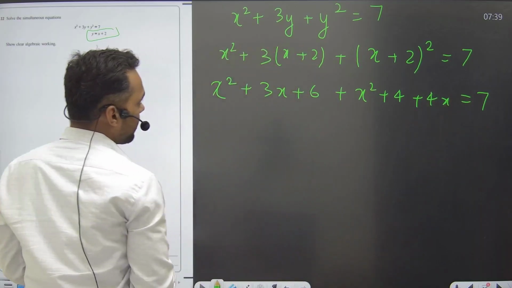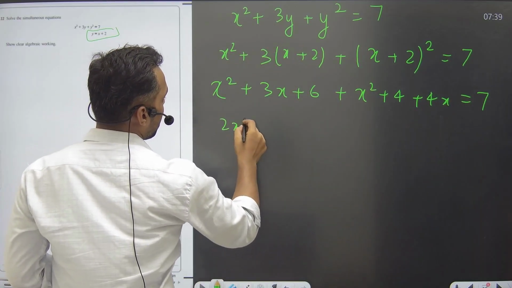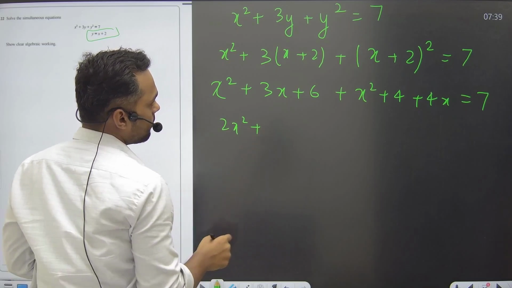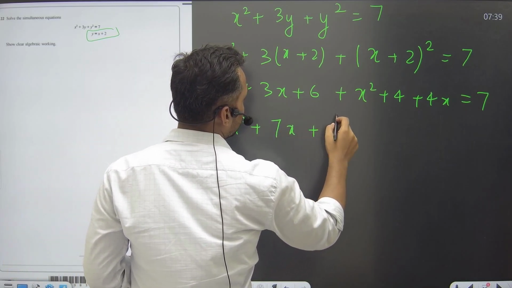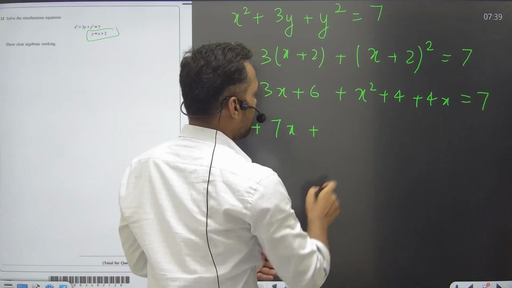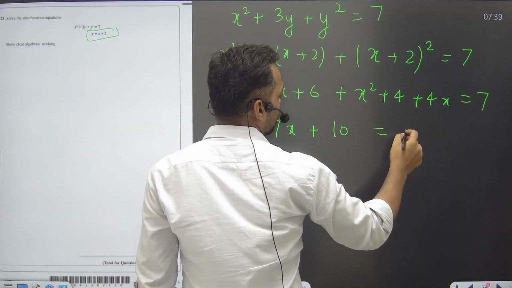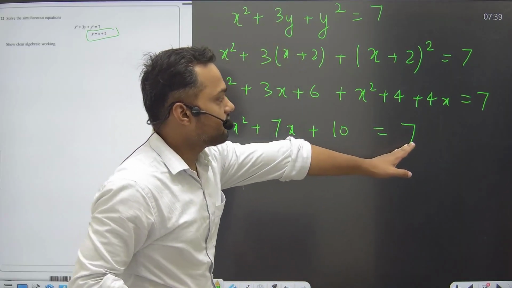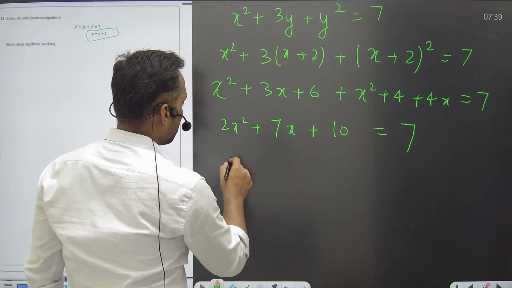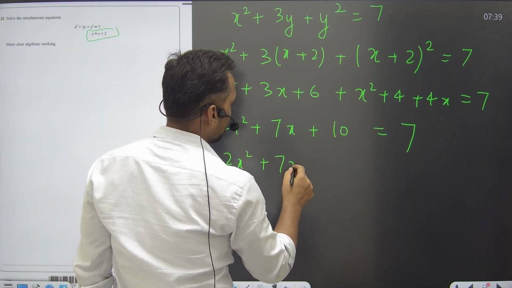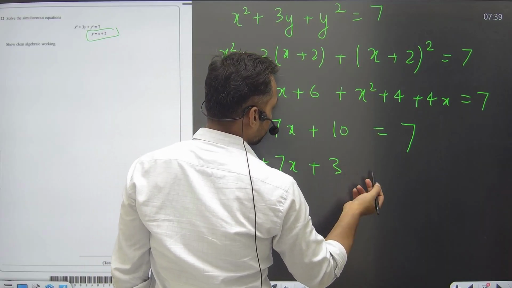I have opened the bracket, student, so you will get 2x square plus 7x plus 6 plus 4, which will be 10, and equals 7. So this 7 I'll be transposing to the left hand side, so you will get 2x square plus 7x plus 3 equals 0.